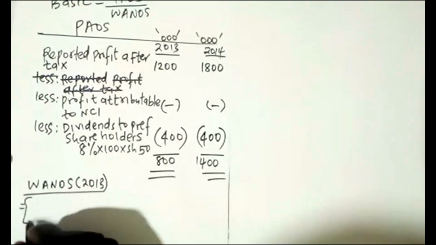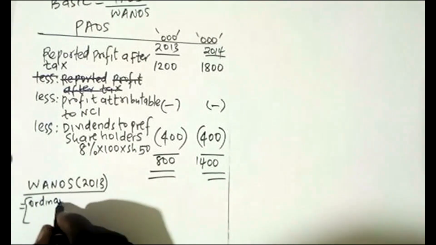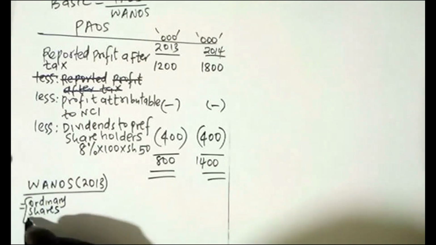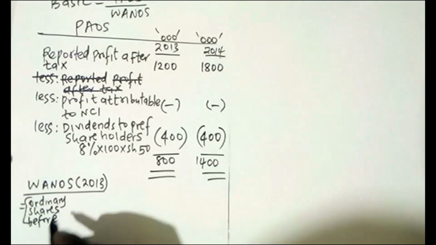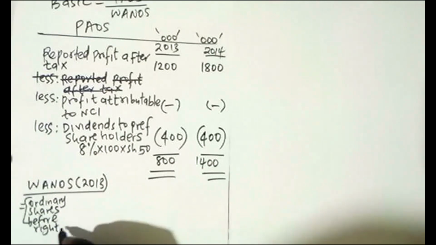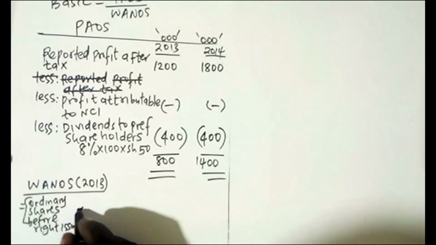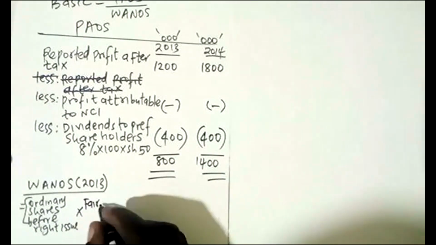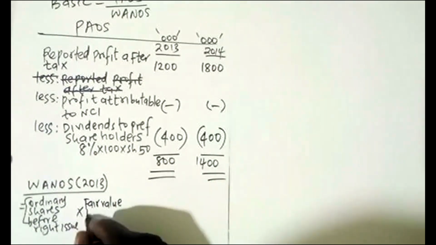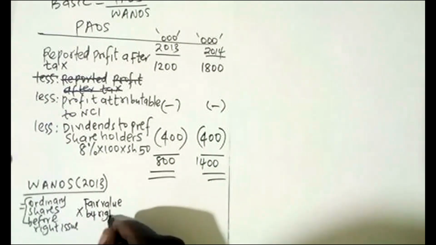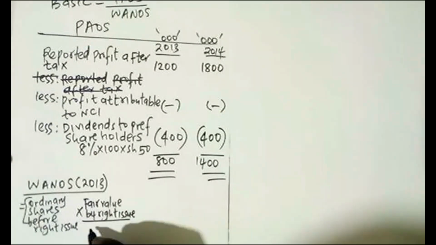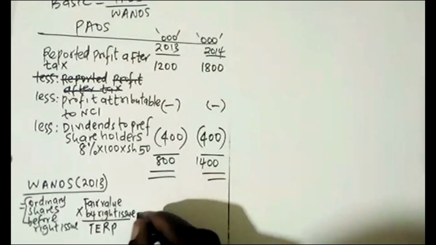You say ordinary shares before right issue, you multiply with the fair value before right issue, you divide with the theoretical ex-rights price, TERP.